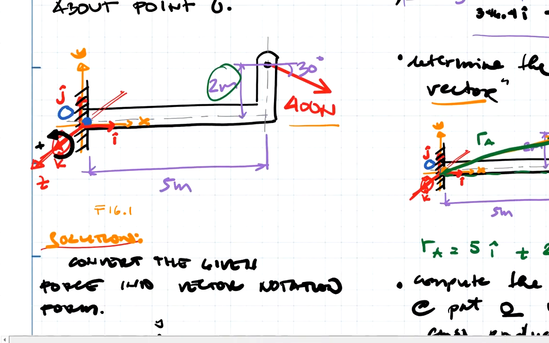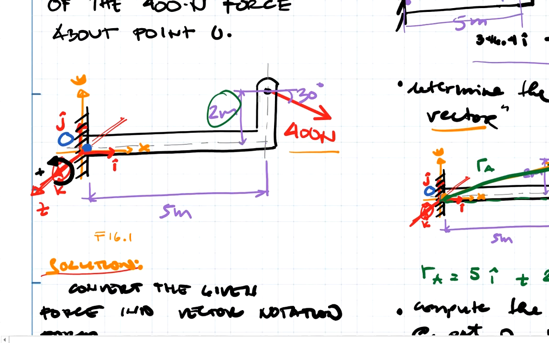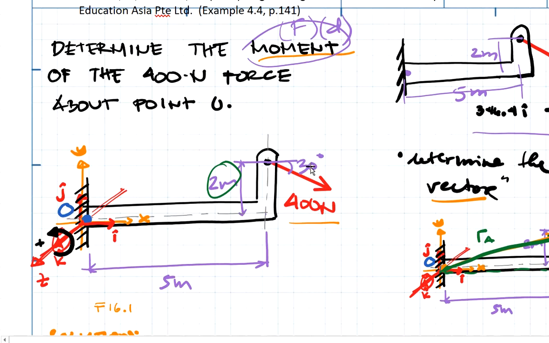Going back to our figure, if we have this kind of two-dimensional problem, in the X and Y direction, then the effect of this force causing the moment at point O is that it will rotate about the Z axis.